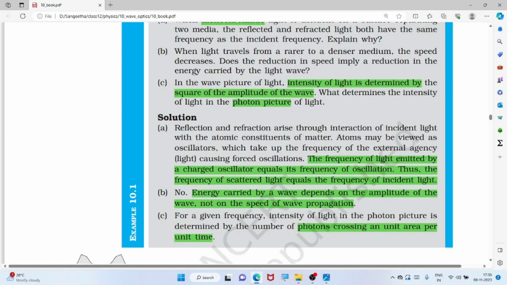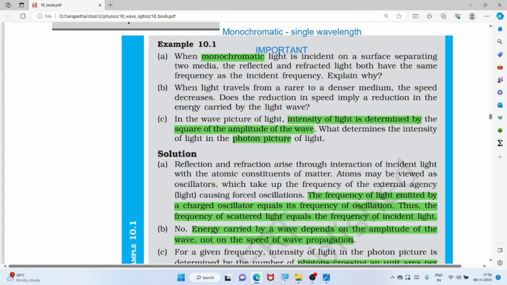The frequency of light emitted by a charged oscillator equals the frequency of the oscillation. The frequency is equal to the absorbed frequency only. Thus the frequency of the scattered light equals the frequency of the incident light. At the atom level, the light is absorbed by the atom and released also at the same frequency.